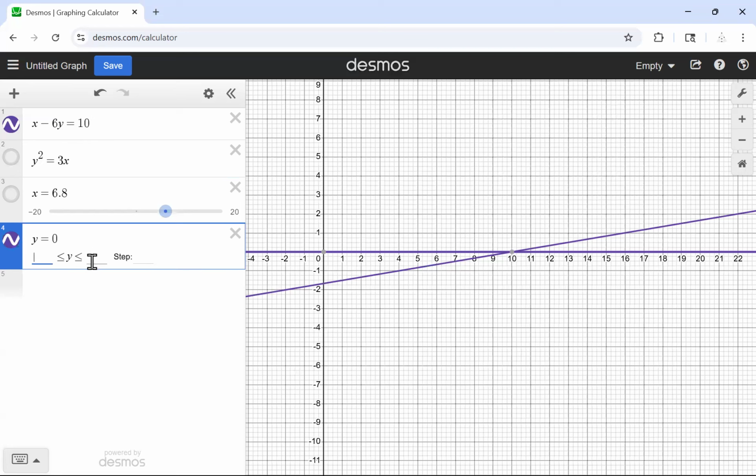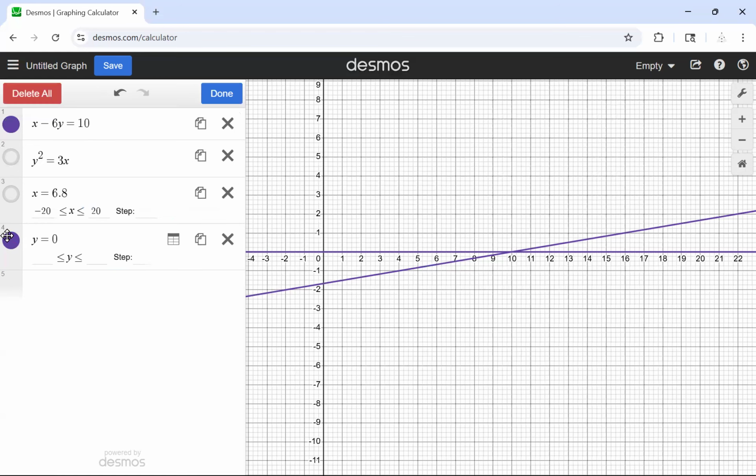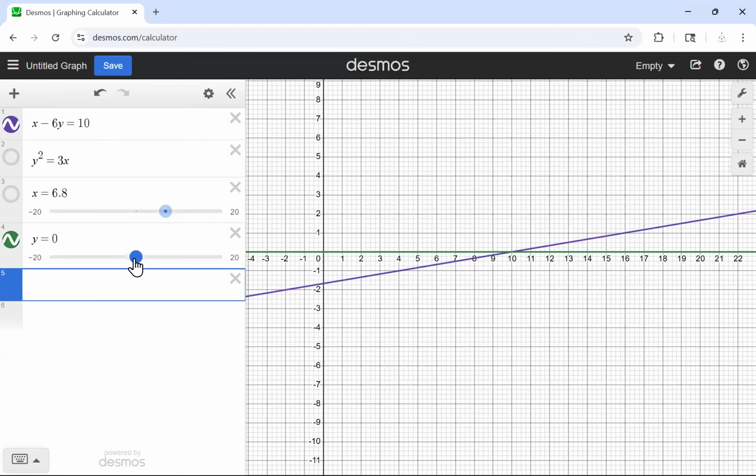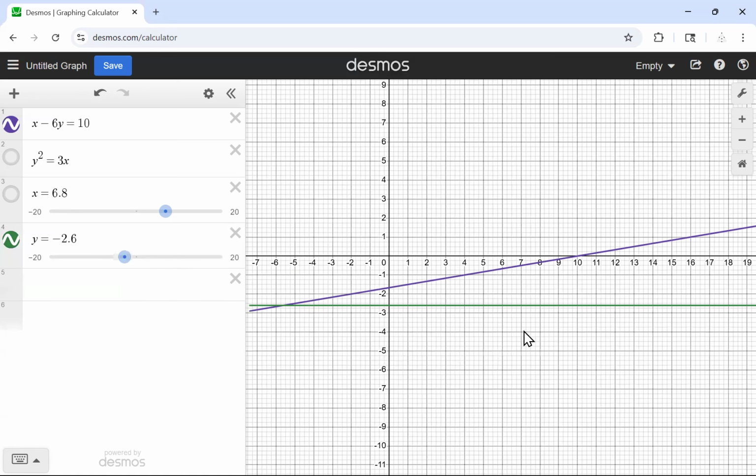Now you can also do that with a horizontal line. If I take, for instance, y equals 0, that's a horizontal line. But also y equals -3 is a horizontal line.